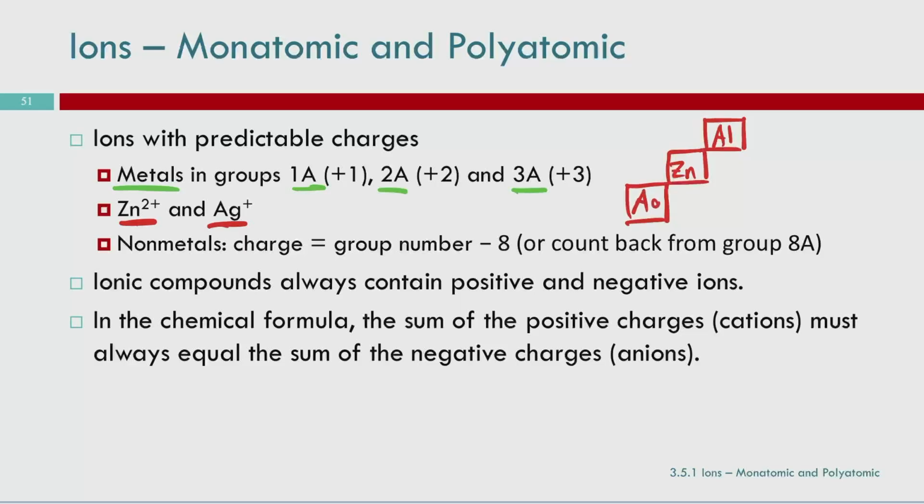If you step down one more step, that gets you to silver, and that has a 1+ charge. So that little staircase, I think, is nice for remembering those charges. You could also just remember they're 1 over, but you wouldn't want to get cadmium and copper mixed in there because they form multiple charges.